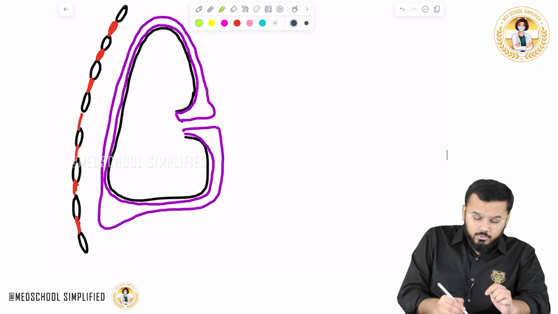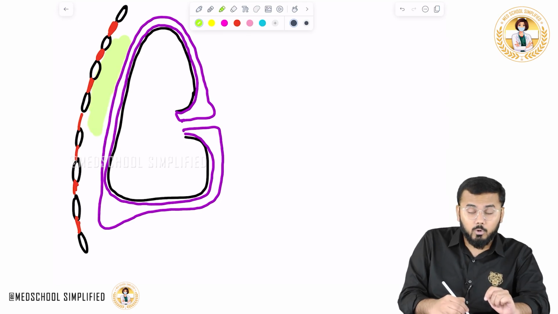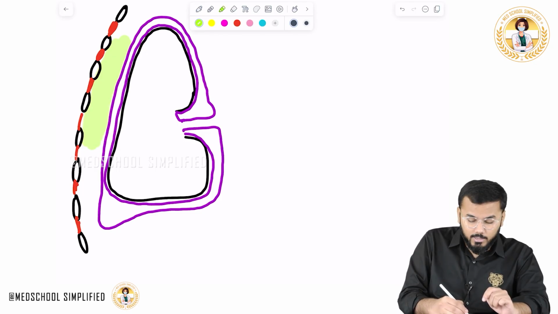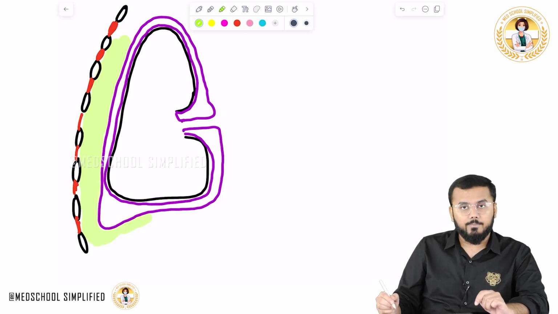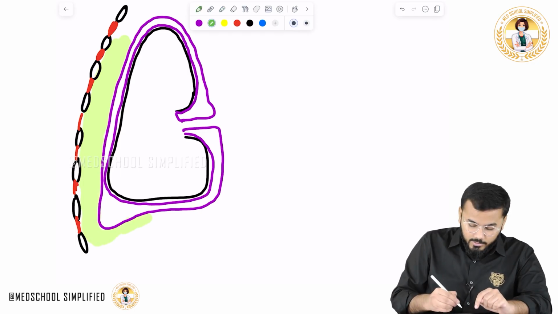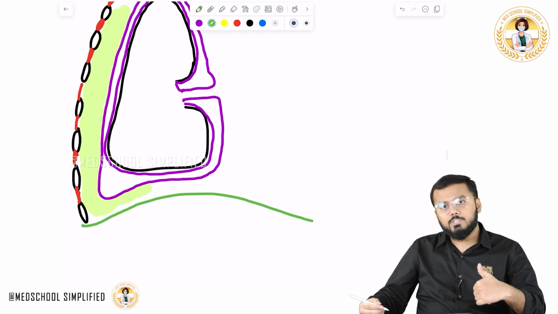Right, now if you look at what are the nerves that are supplying here, see this green color area which I'm shading right now. Now I'm telling you about the nerves of parietal pleura. So this part of the parietal pleura, all the way from here till the half part of the diaphragm. All of you know that here you have got your diaphragm, right? So which is the part which I have covered here?